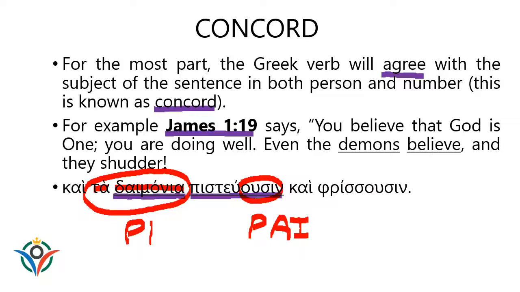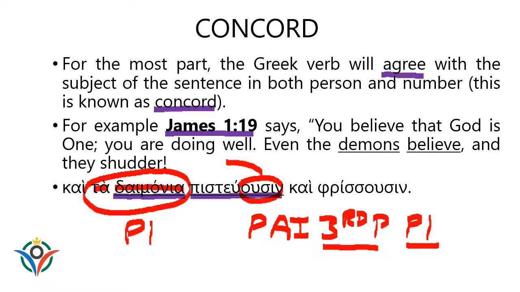Luo, luais, luai, luamen, lueta, luusin. So this is a third person plural. There is agreement between the verb and the subject in person and number, and therefore we have concord.